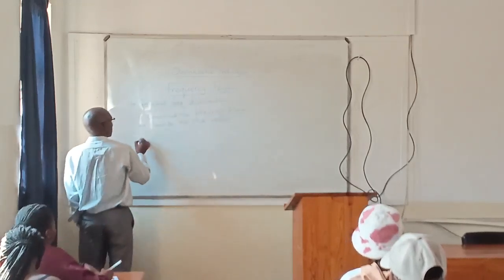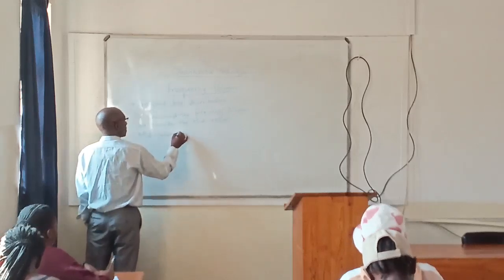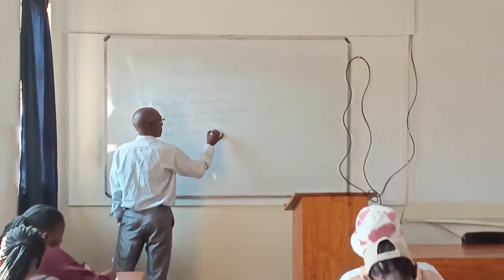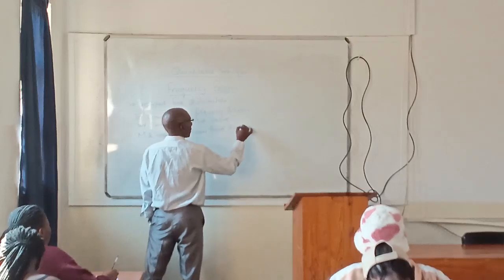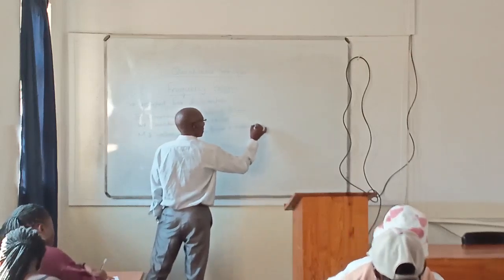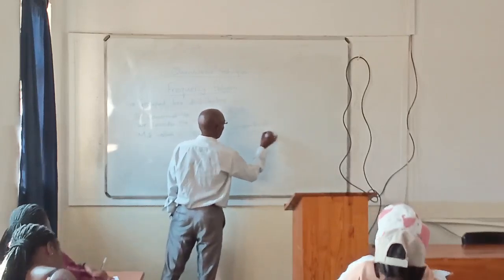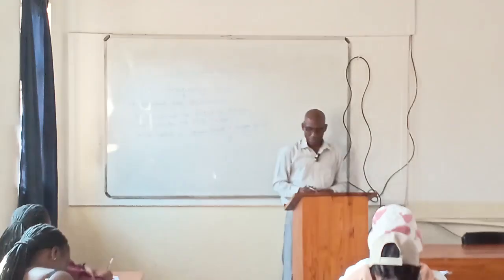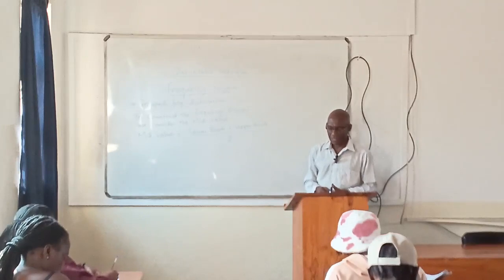So the mid value, or the middle value, is equal to the lower bound plus the upper bound, then divide by 2. In other words, the lower boundary plus the upper boundary divided by 2.